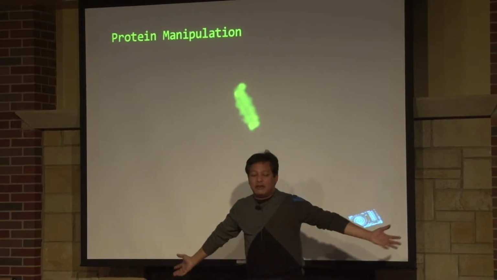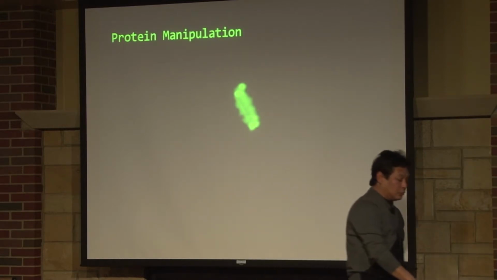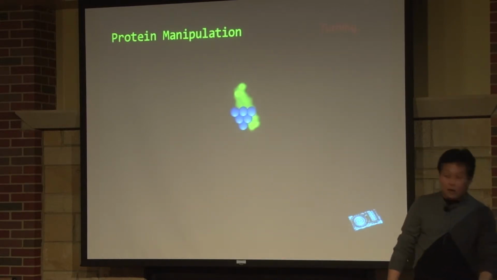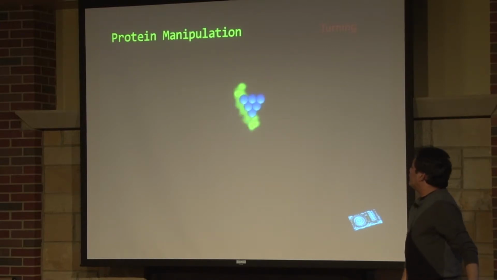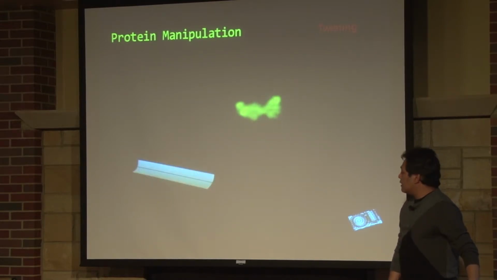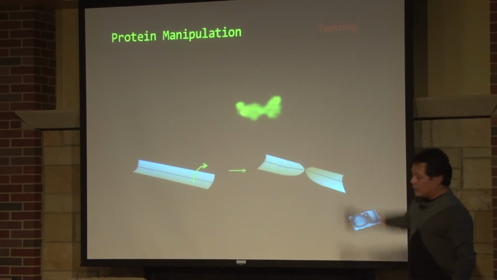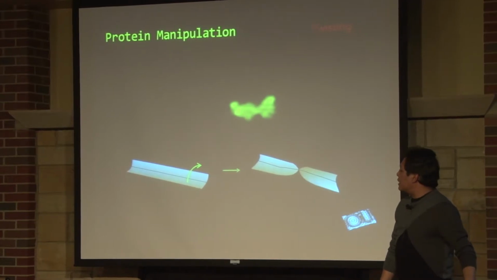So in proteins, a very important thing is how they fold. So here is what we did. We use our little tip and we turn it, and we twist it. It's like that. Proteins, we twist it. And we fold it again.